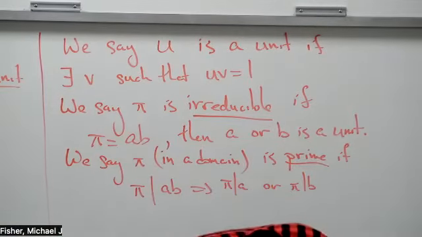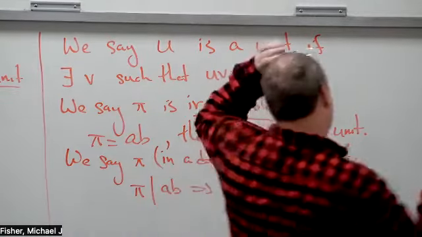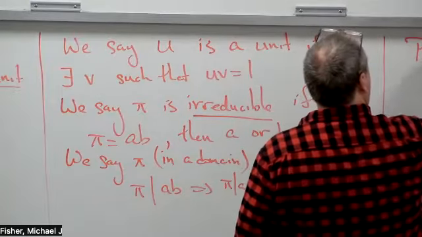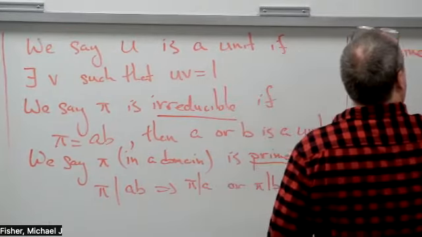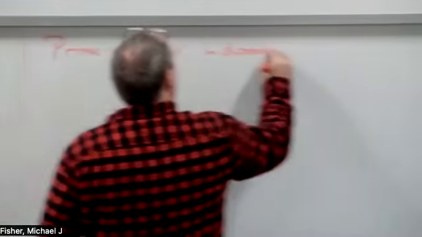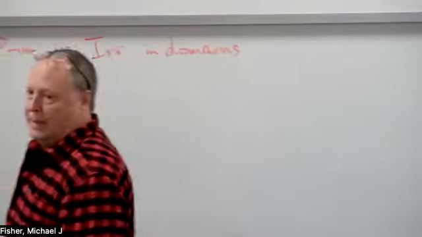Let me throw you all an example here. This is one of my favorites, and this example will come up later. So let's look at primes versus irreducibles in domains.